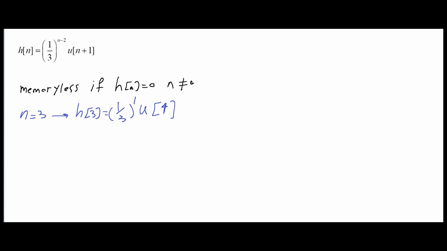Let me quickly remind you about the unit step function, which we also explained in another video and whose link is available above. The unit step function is equal to 1 for positive values of n and equal to 0 for negative values of n. So, here u[4] is equal to 1 and the result becomes 1/3.